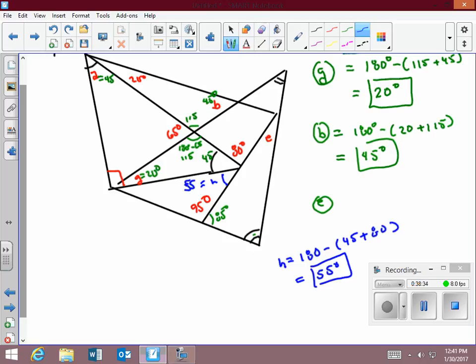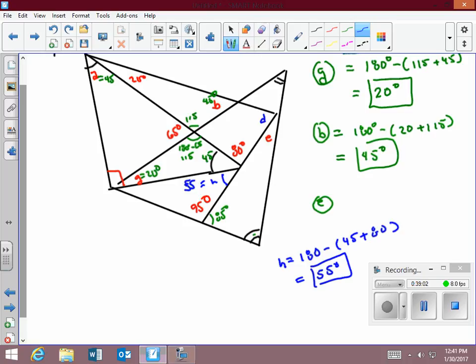We can figure out D. Where is D? It is the angle next to E. Oh, okay, D is right here. So on the opposite angle 65, and then you can take 180 minus B from it.